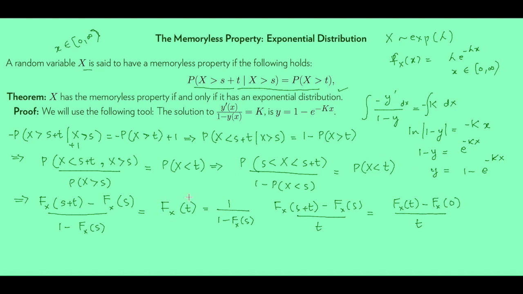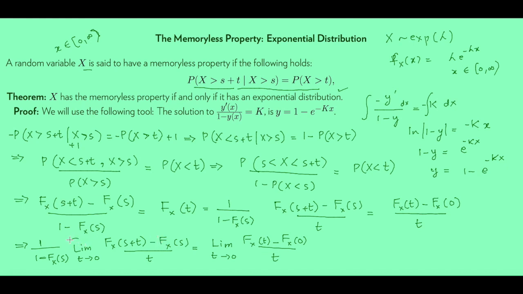So then I'm dividing by t on both sides. Then we take the limit as t goes to 0. So we have 1 over 1 minus F_X of s, times the limit as t goes to 0 of F_X of s plus t minus F_X of s divided by t, equal to the limit as t goes to 0 of F_X of t minus F_X of 0 divided by t.